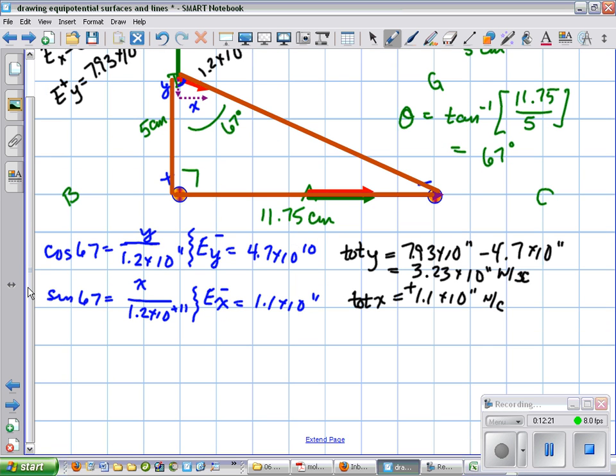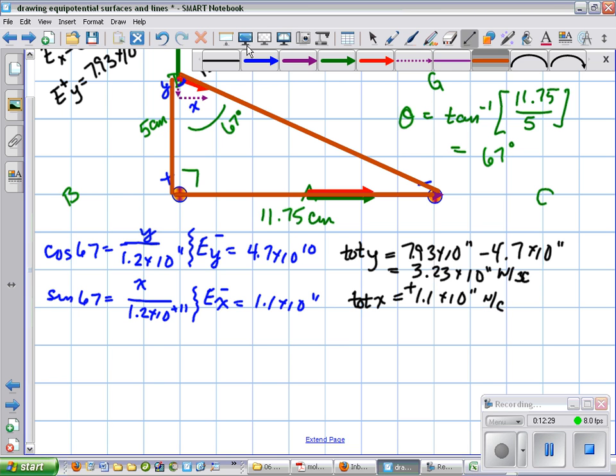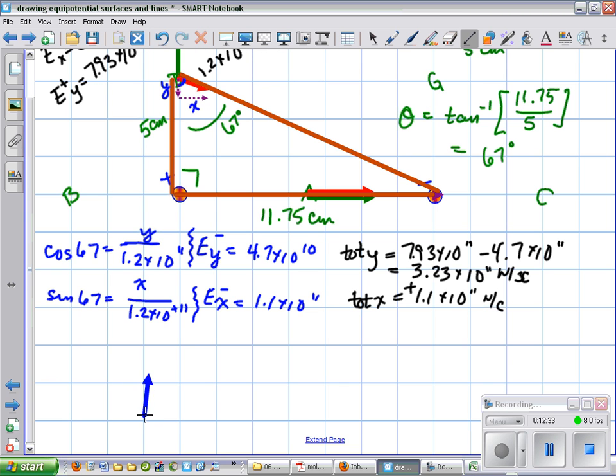Let's draw our total electric field vector triangle. So positive is in the upward direction on my diagram, like this. The x component is positive, so that's to the right, like that. Not drawn to scale at all.